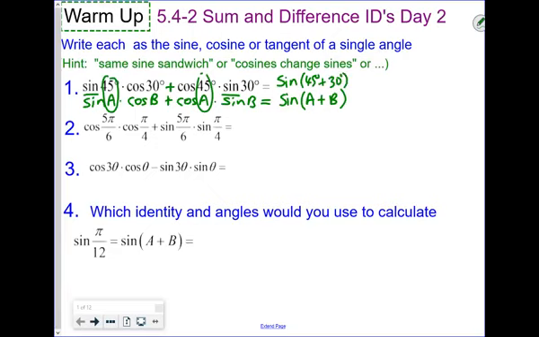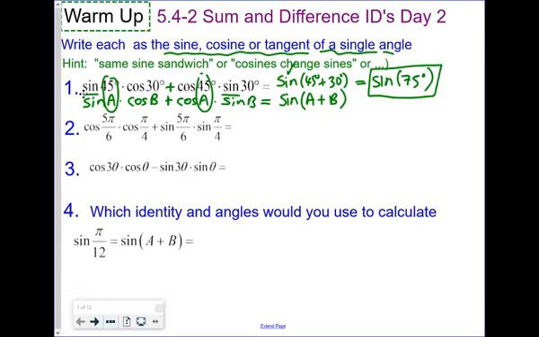Read the question. Write each as the sine, cosine, or tangent of a single angle. Well, I've written it as the sine, check, of a single angle. No, that's 2 angles. But we can do that now. It's just add them up. 45 plus 30 is 75 degrees. So now I've finished.